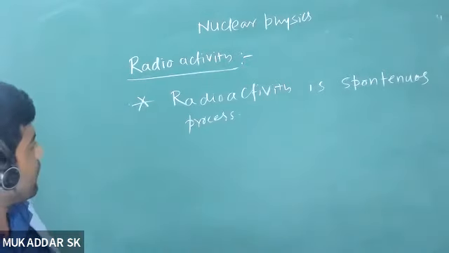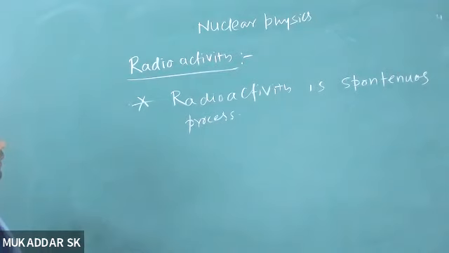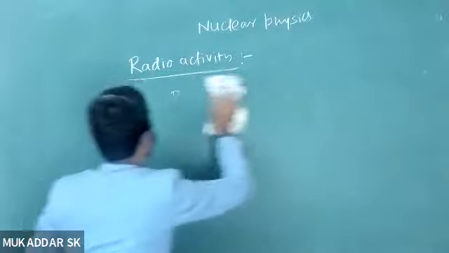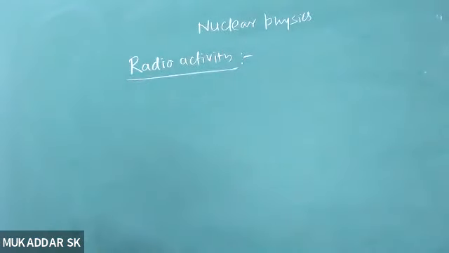Okay, but there are various causes of radioactivity. If you ask me what is the cause behind radioactivity or this decay process, there are various processes, so I'll discuss them one by one. So this phenomenon in which an unstable or excited nucleus comes to ground state is radioactivity.